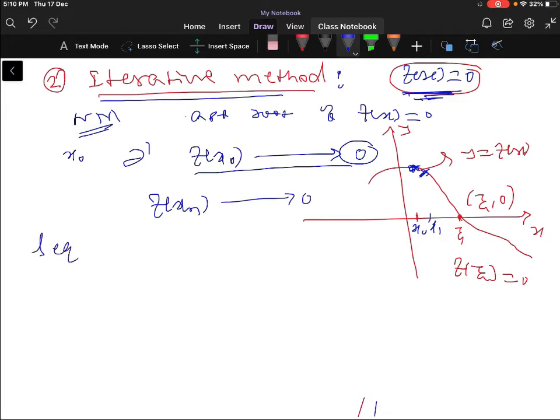Construct the sequence of numbers x1, x2 and so on xn such that f of xn approaches to 0. Let us take the sequence of numbers here x0, x1, x2 and so on xn.